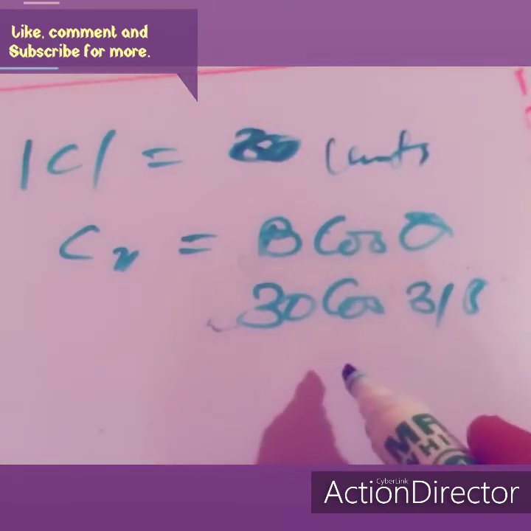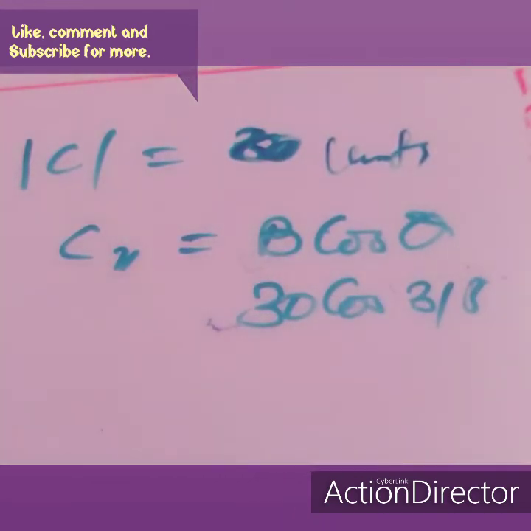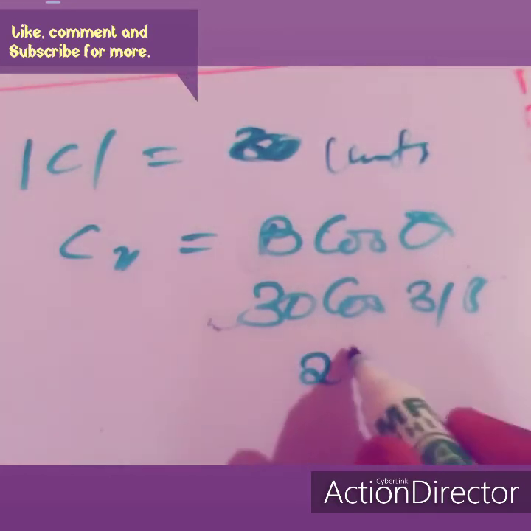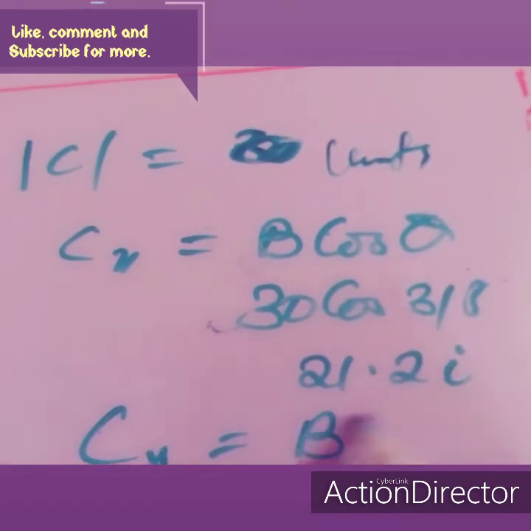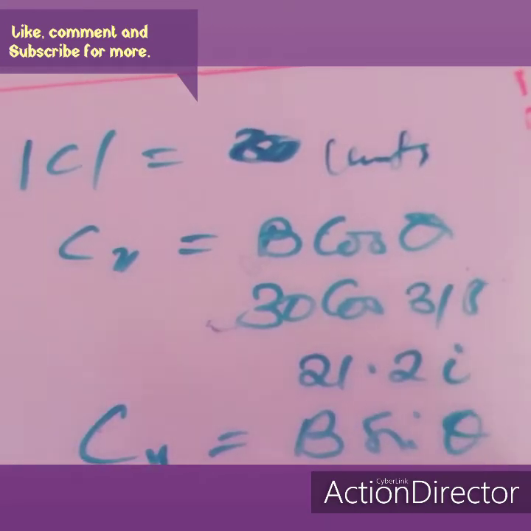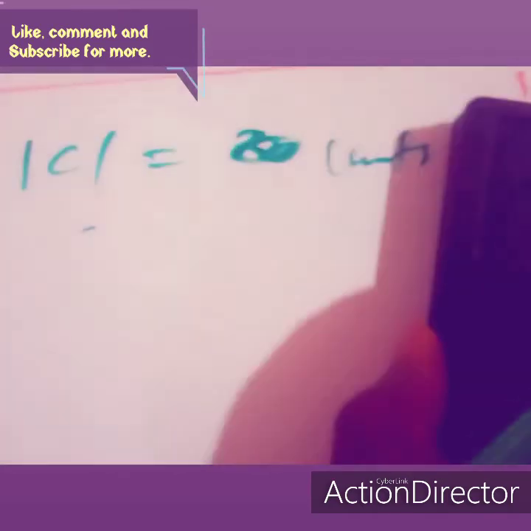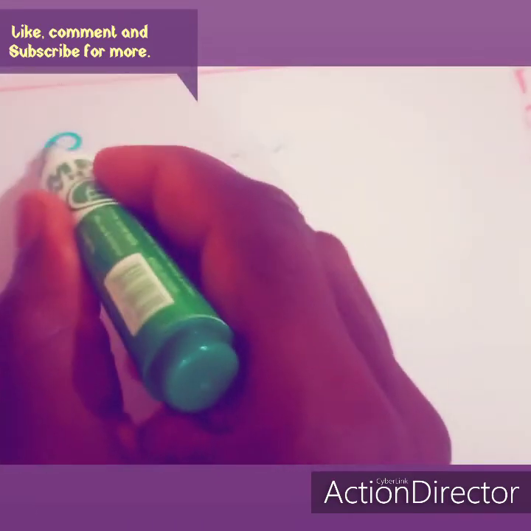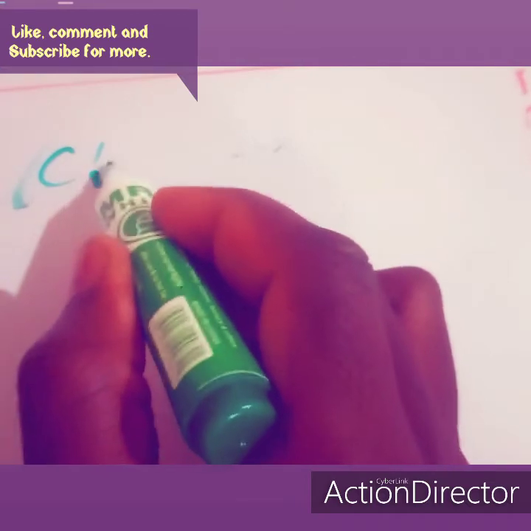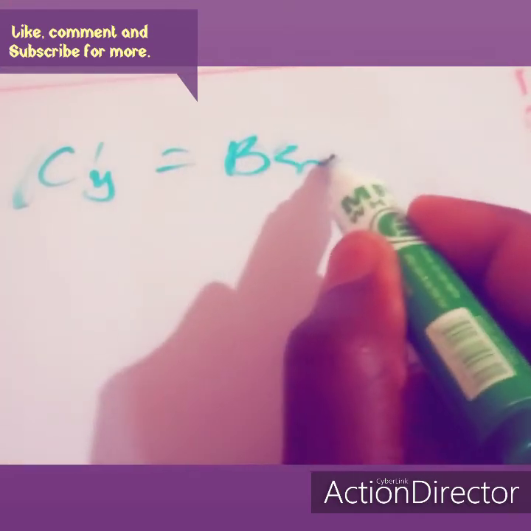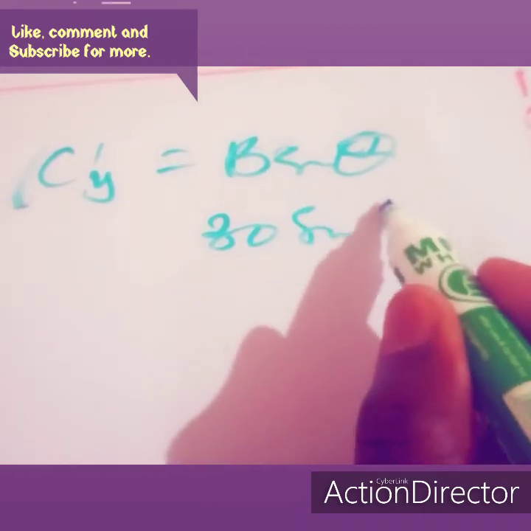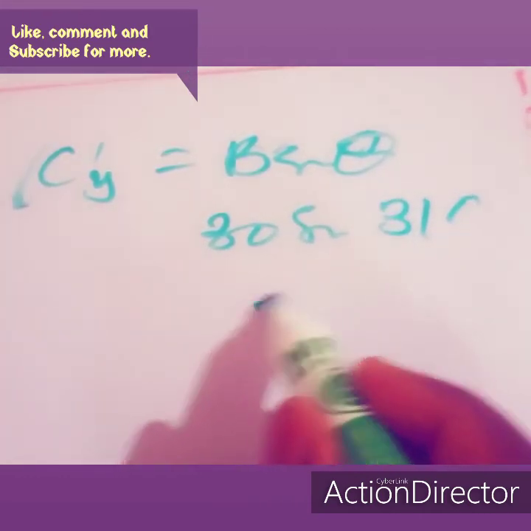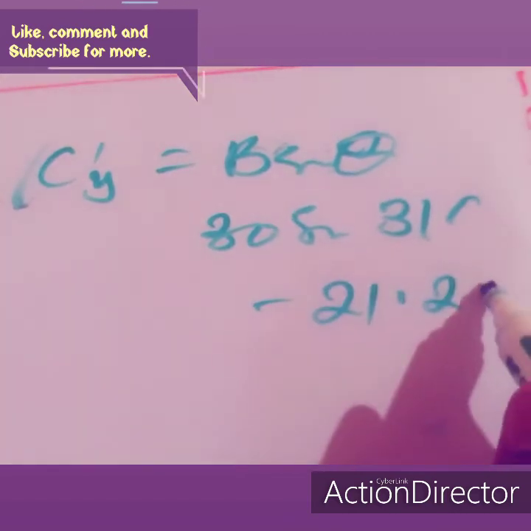So this will give us 21.2 I. And if we say C in the y will be equal to B sine theta, this is 30 sine 315, giving us minus 21.2 J.